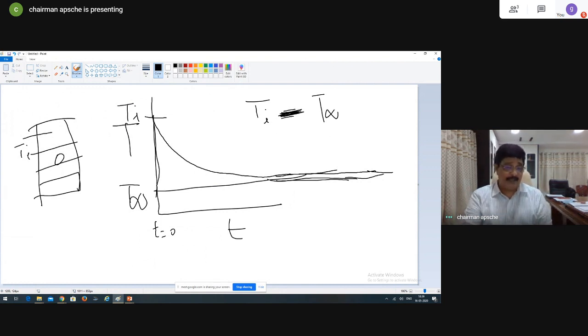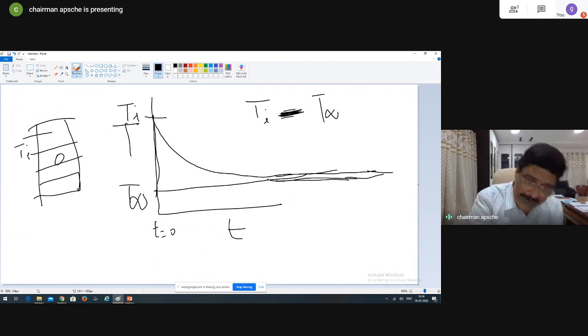What I mean is, I have a fluid there at 100 degrees centigrade. I have a thermocouple, which is now at 30 degrees centigrade. So the temperature difference between the thermocouple and the fluid is 30 minus 100, minus 70 degrees centigrade. That is the initial temperature difference.